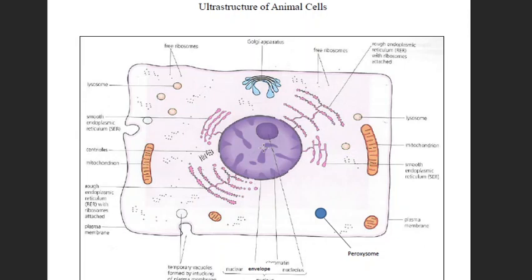After this modification, that hnRNA or heterogeneous RNA is converted into mature RNA. Now why is this modification required in the case of the eukaryotic cell?